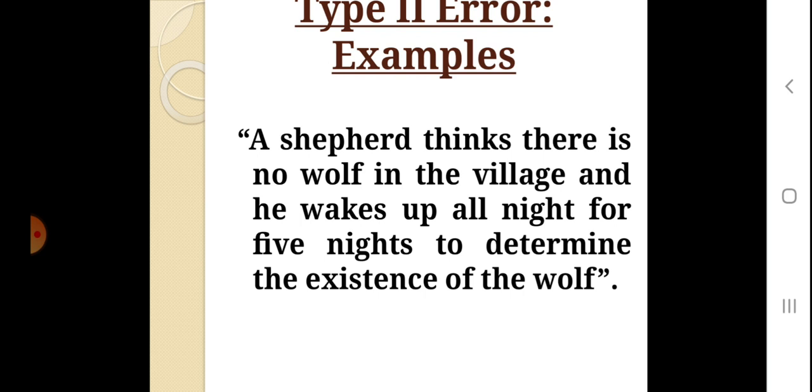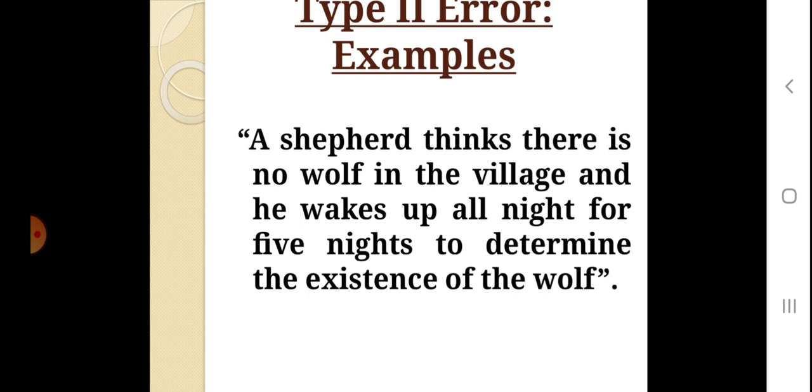Let us take a hypothesis where a shepherd thinks there is no wolf in the village, and he stays awake all night for 5 nights to determine the existence of the wolf.